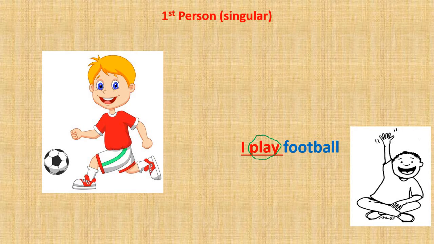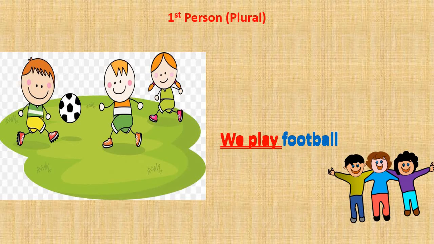Let's go for the next section, that is first person plural number, and we know that the first person plural number is we. And look at the example. We play football. We can also see that the action verb is again in the main form.